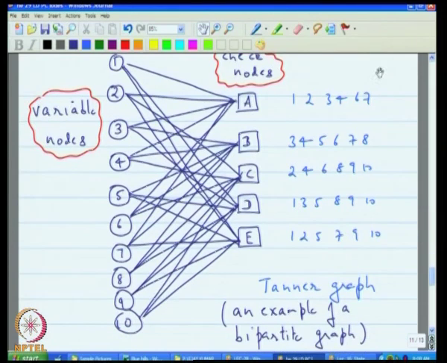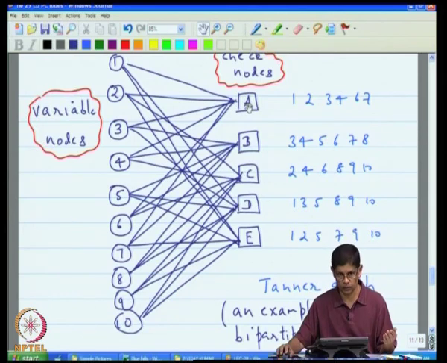And in terms of the graph, the fact that this is a dV-dC regular code manifests itself in terms of the degree of the nodes. So, every node on the right has degree equal to 6. The degree of a node is equal to the number of nodes to which it is connected through edges or links. So, each node on the right has degree 6, each node on the left has degree 3.